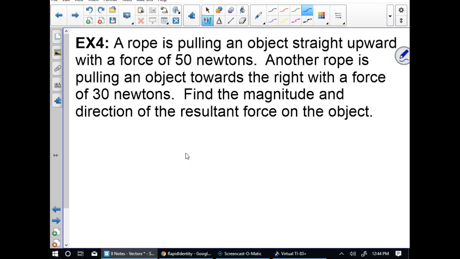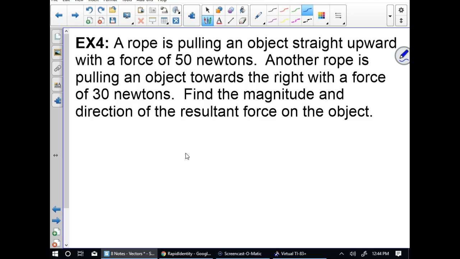Okay. Here's another one that's a very physics-based sort of problem. We've got a rope pulling an object straight upward with a force of 50 newtons. Another rope is pulling the object towards the right with a force of 30 newtons. Find the magnitude and direction of the resultant force on the object.